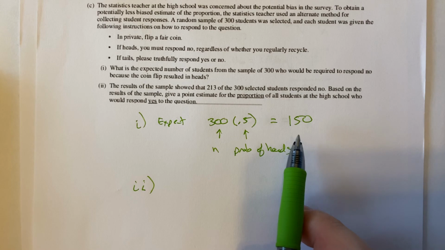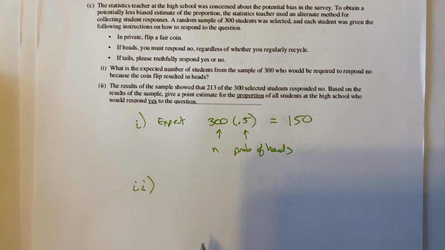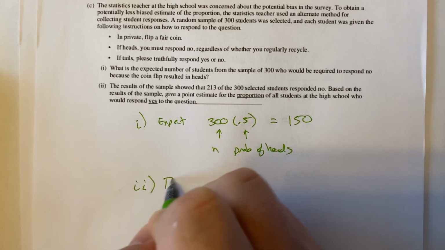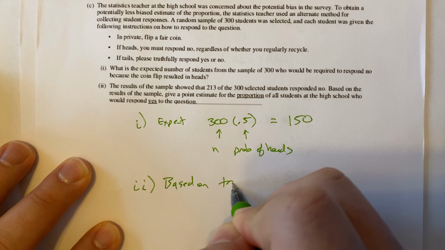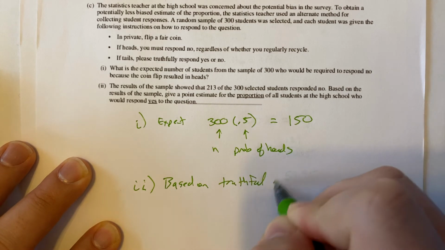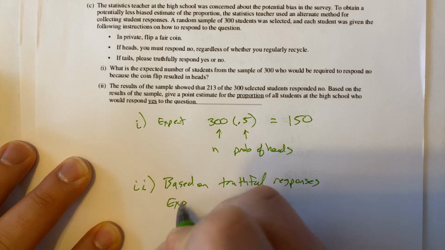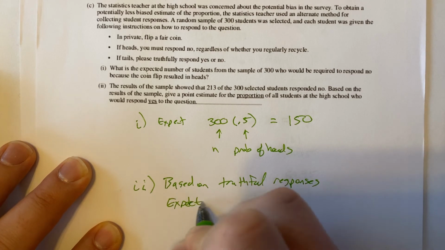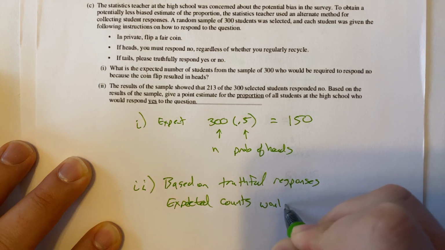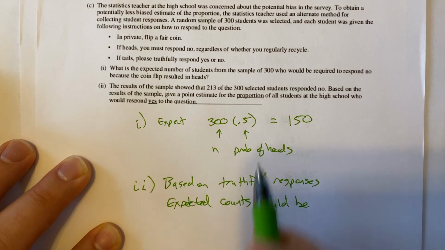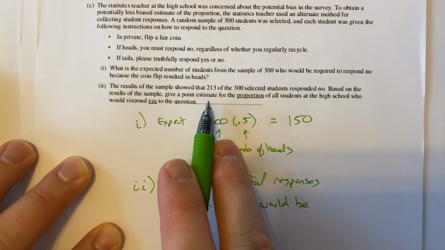So what we want to basically do is take these 150 that we know would have flipped no just from the coin flip, and that would leave us with, based on truthful responses, the expected counts would be, the 213 said no, so we can take out 150 of those that would have been expected from the coin flip.